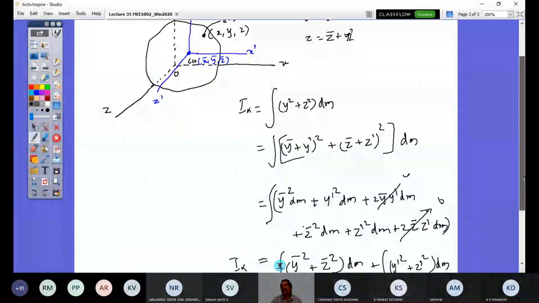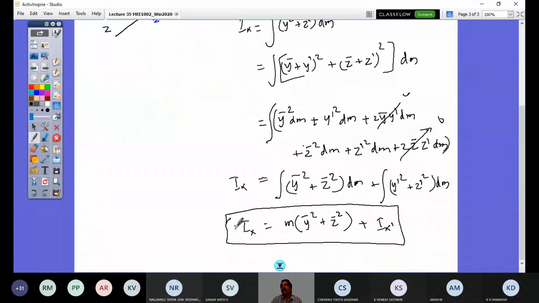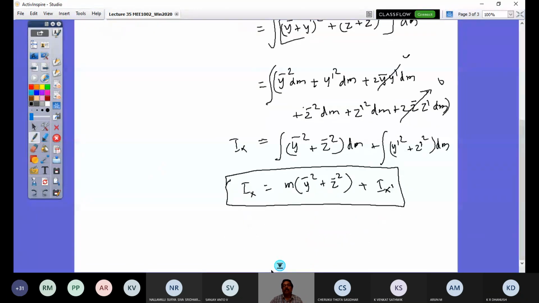So what you understand is, if I have to get the rotation of a rigid body about an axis which is not its centroidal axis, that would be obtained through this: about the centroidal axis, its mass moment of inertia, plus this. Here y dash square plus z dash square would be r bar square, right? This is what is called the parallel axis theorem here.